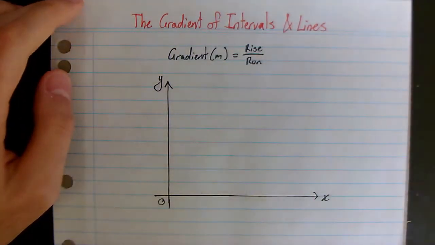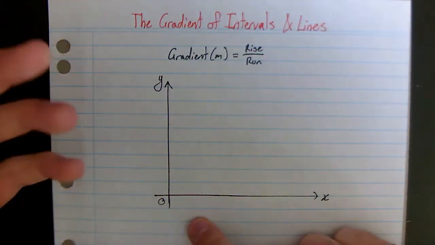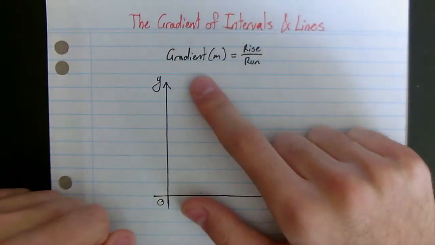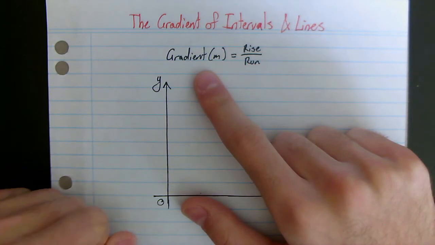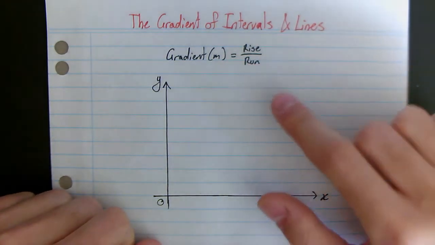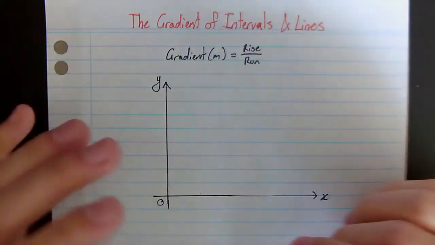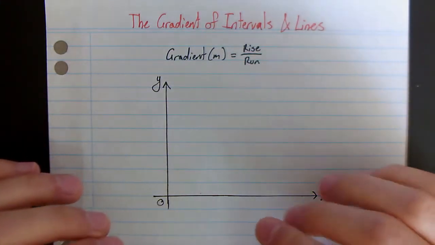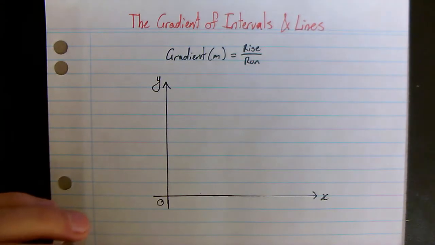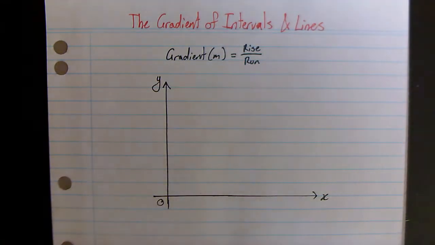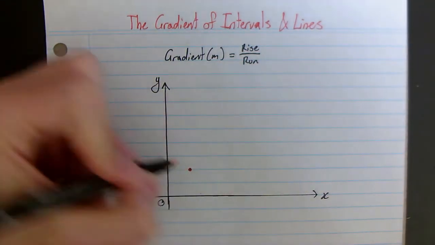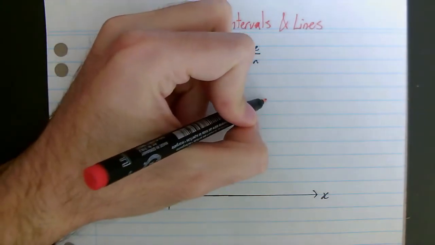So the first thing we look at is the definition of what the gradient is, and that's rise over run. So it's how much we are rising over how much we're running. Whenever we read graphs, we read them from left to right. So I'm going to start off with 2 points, this point here, and maybe this point here.